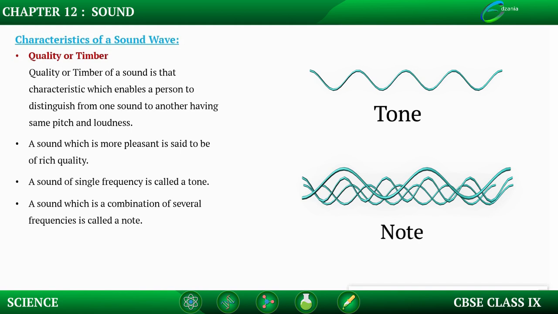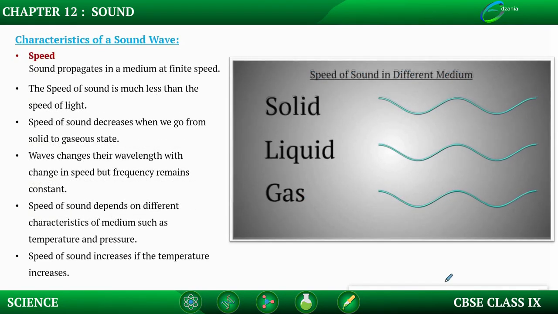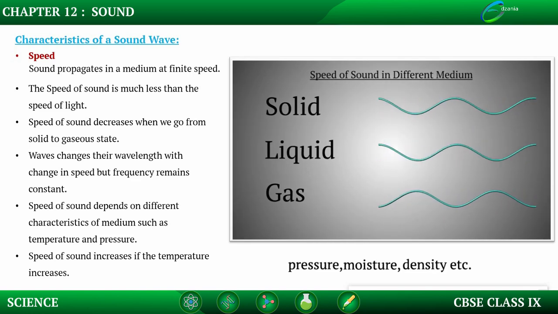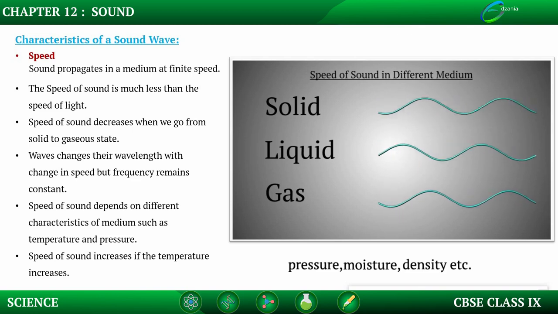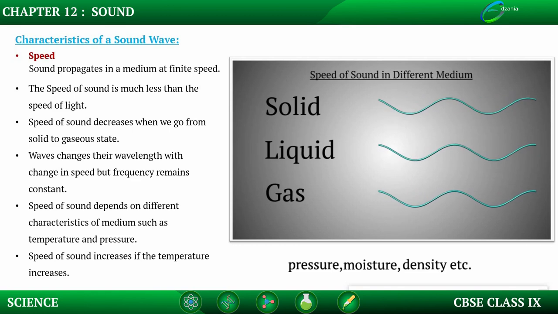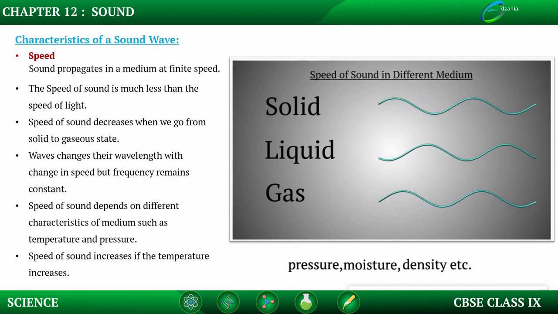But the speed of the sound depends on the medium itself and a few characteristics of the medium, like pressure, moisture, density, etc. For this class, it is enough to know that in solid, sound wave will have the maximum speed compared to liquid, and then the last one will be the gas. So the sound will travel fastest in solid, then in liquid, and then gas.